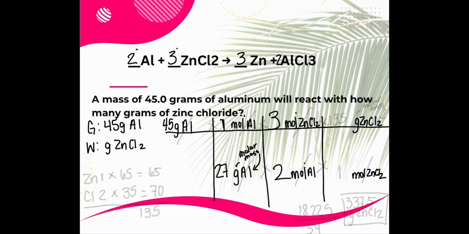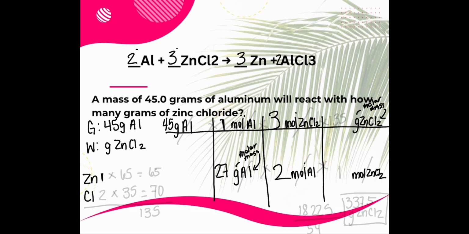All right. And then as we get down to our final boxes, I now have to do the same thing. I have grams again, so I have to find the molar mass of this compound. Now here, I actually have to make sure that I find the molar mass of each element. So I have Zn and I have Cl.